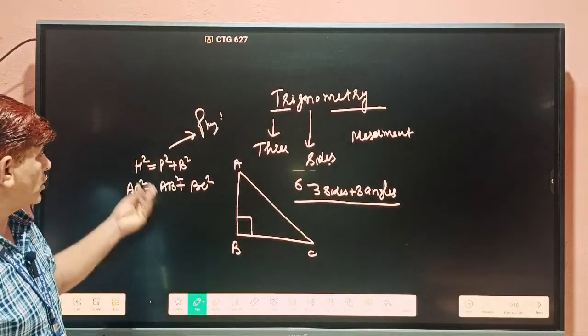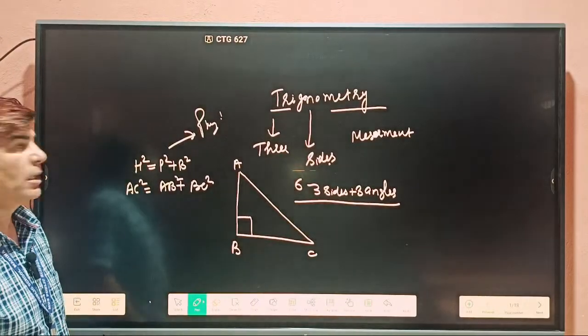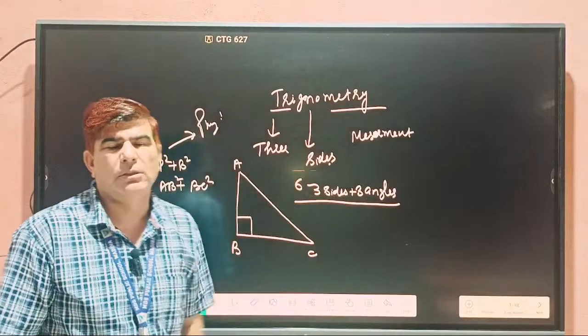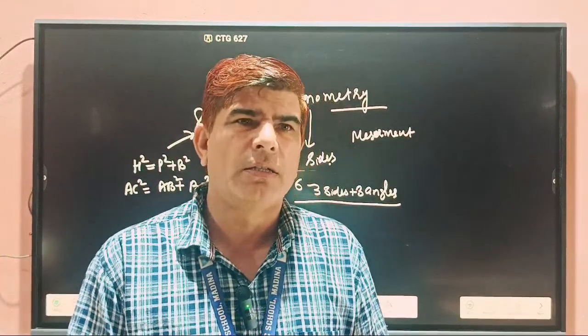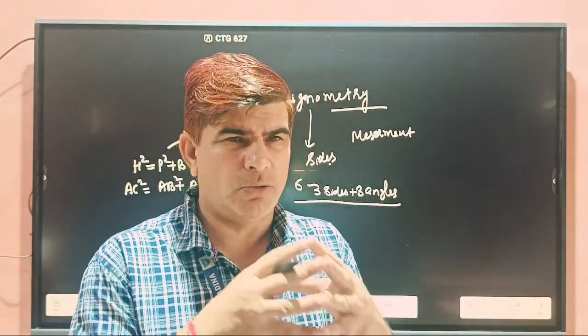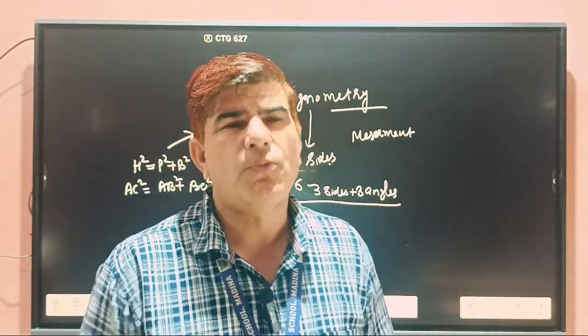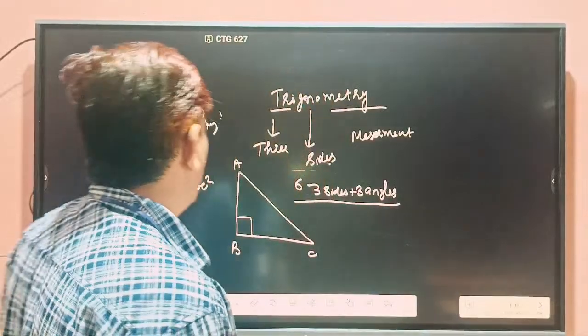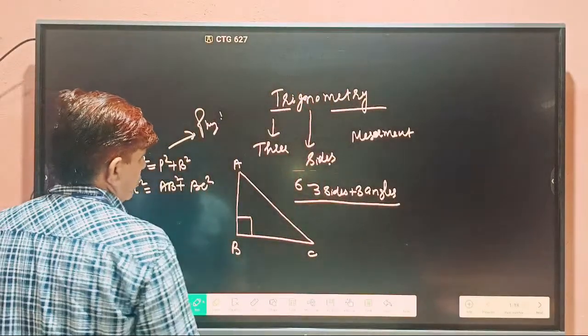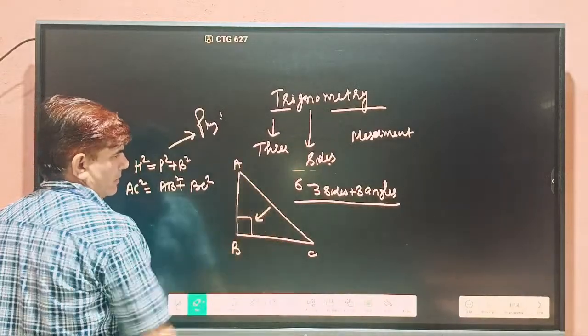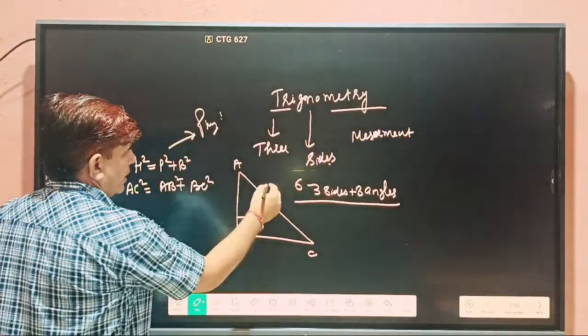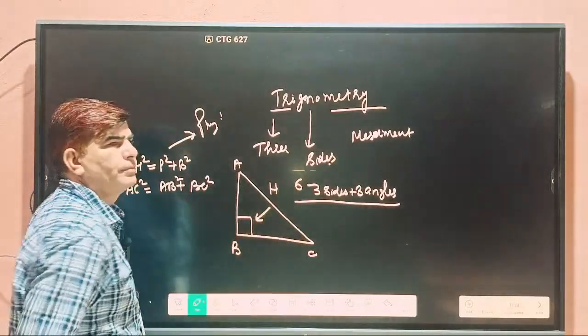And what's the converse of it? The converse of Pythagoras says, if in a triangle, the square of one side is equal to the sum of the squares of the 2 other sides, then the angle opposite to that side is a right angle, and that side is known as the hypotenuse.